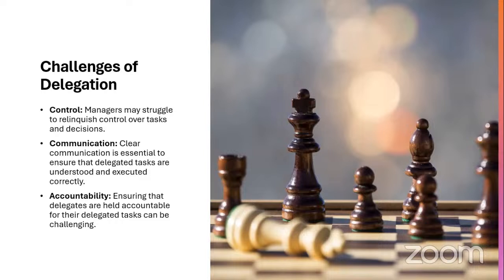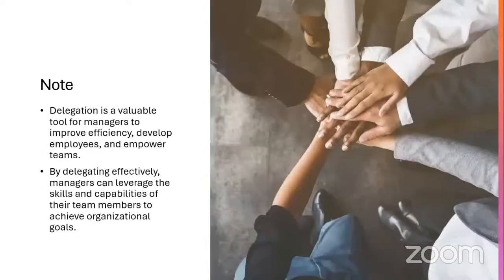No, you can actually use your dashboard to establish delegation within the organization. This department head is delegating to this person, and these are the responsibilities. That's part of communication, right? That's good. And accountability: ensuring that delegates are held accountable for their delegated tasks, and this can be challenging.